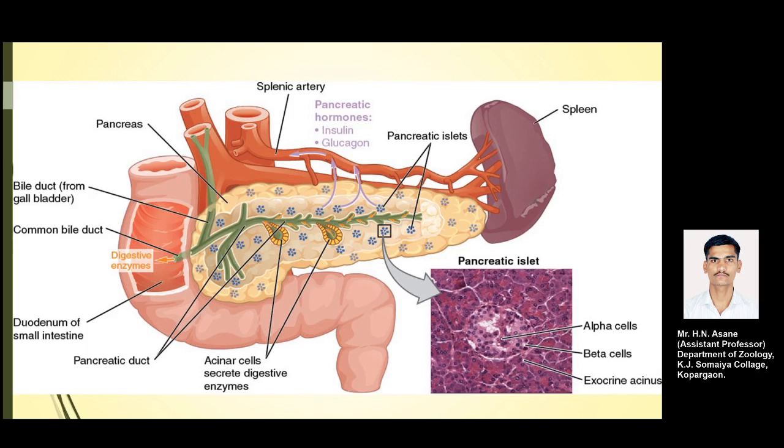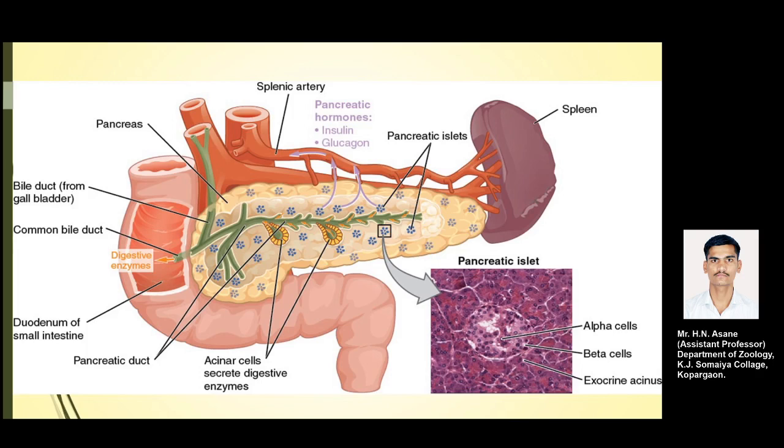Okay, that intercalated duct is also known as the intralobular duct, which is long and lined by cuboidal epithelium. The larger intralobular ducts are lined by simple tall columnar epithelium, and these cells contain goblet cells.